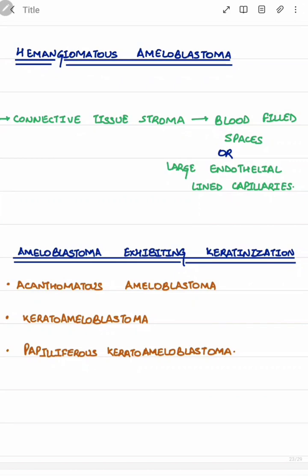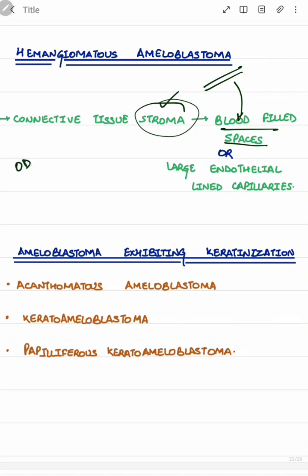Now the next form is hemangiomatous ameloblastoma, which is a less common type. Here in this type, blood-filled spaces are present inside the stroma or the connective tissue. Why are these spaces present? Why is blood filled inside the stroma of hemangiomatous ameloblastoma?